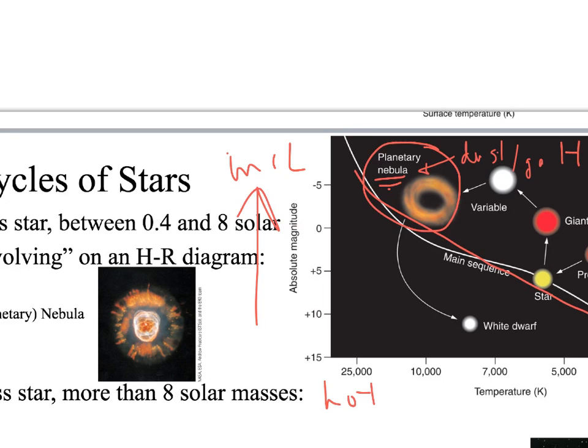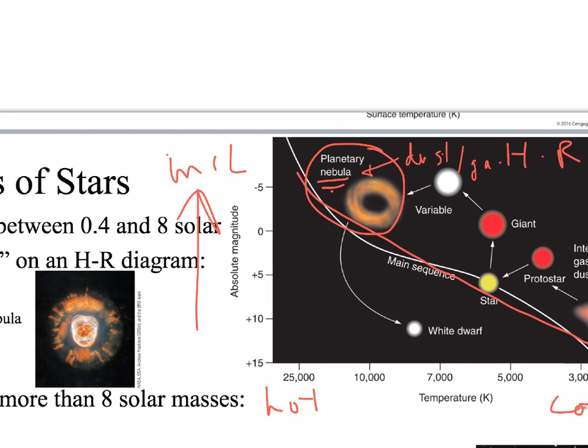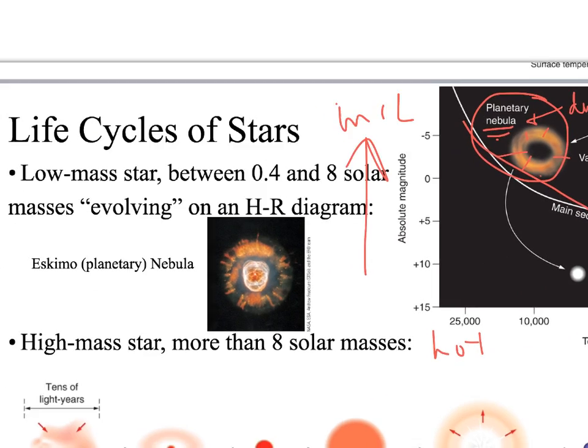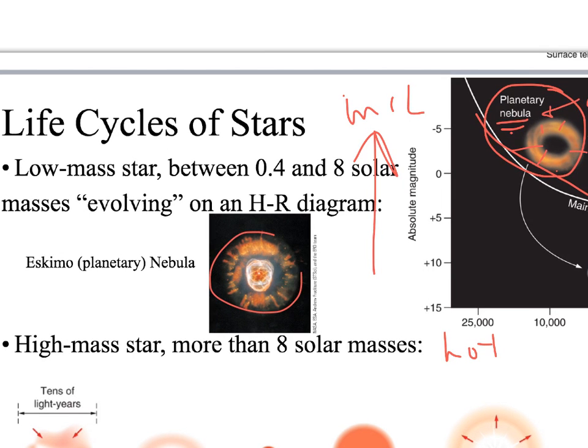And in this case, this planetary nebula is given off by a star that is aging. It's kind of sloughing off its material. There are some beautiful planetary nebula that we'll see in class, but that's an example of a planetary nebula.